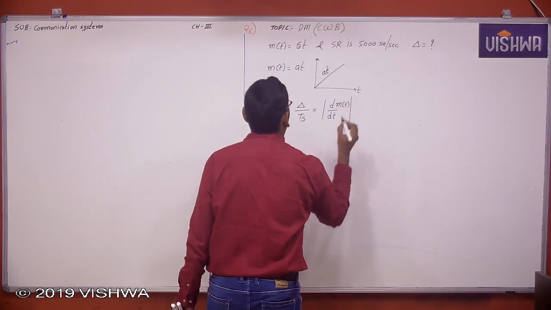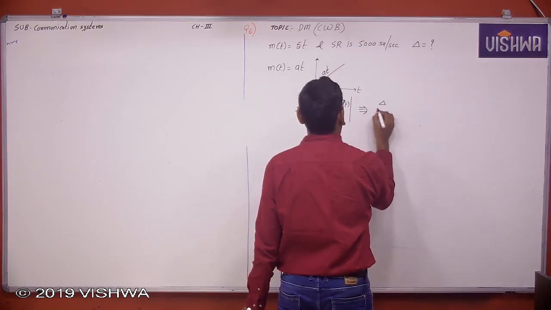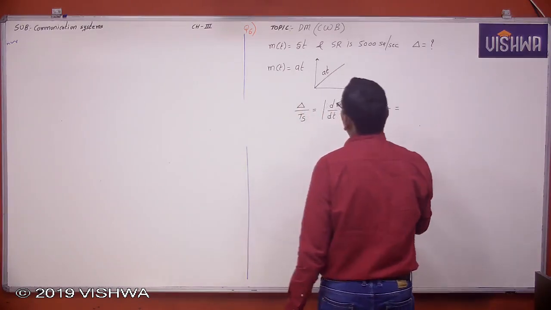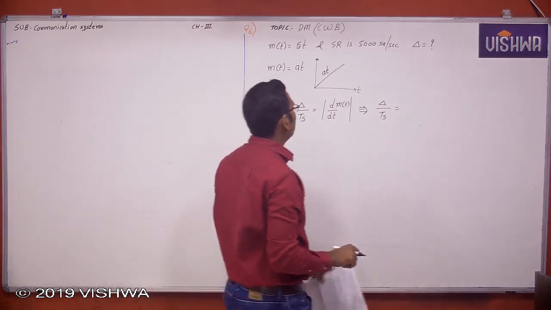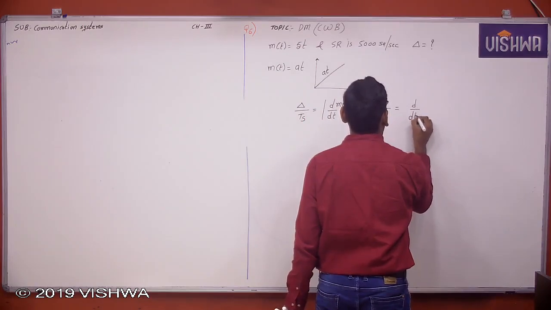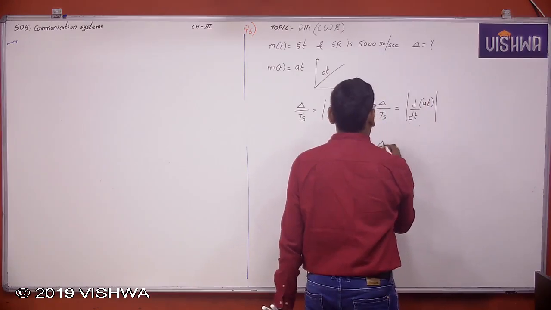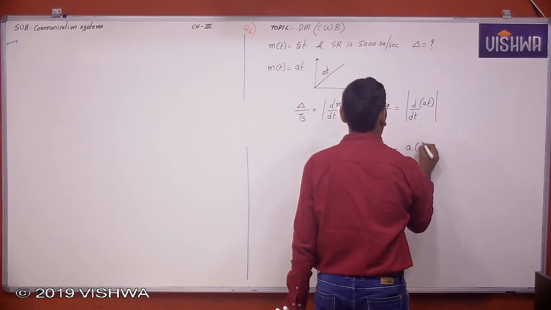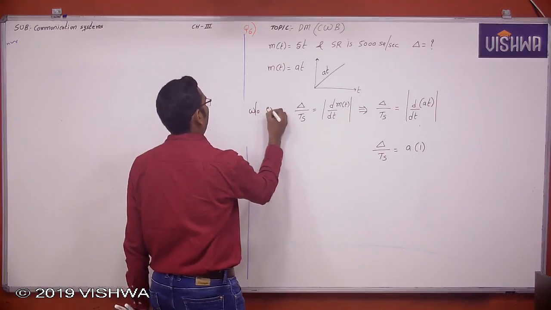The slope of the reconstructed signal is delta by Ts, which is equal to d by dt of m of t, and d by dt of m of t is a. Now, this is without distortion, without error.